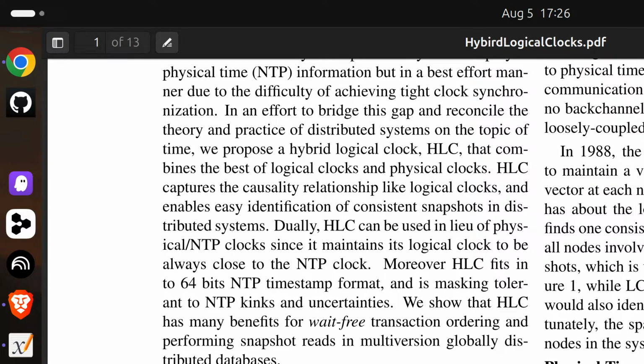VC maintains a vector at each node, which gives the knowledge this node has about logical clocks of other nodes, while LC finds one consistent snapshot, with the same LC values at all nodes involved. VC finds all possible consistent snapshots, which is useful for debugging applications.